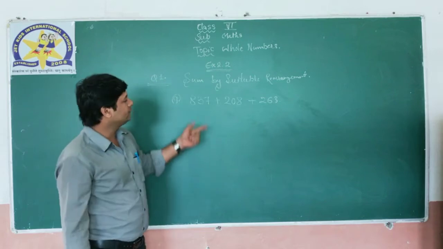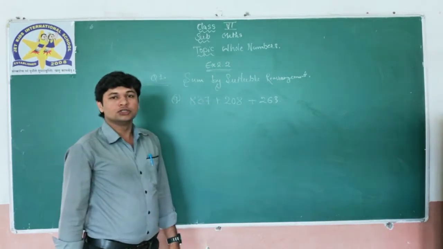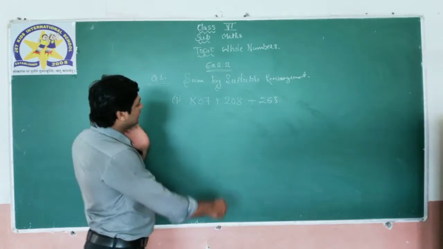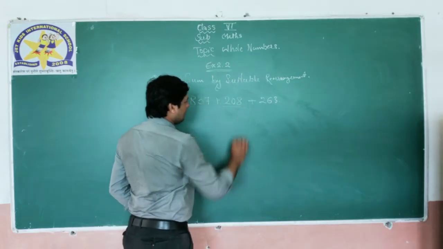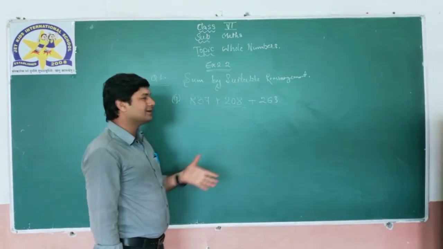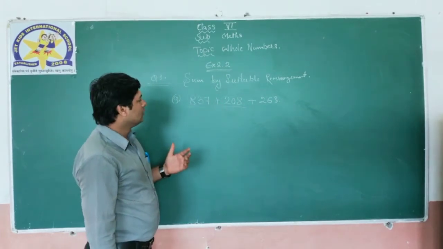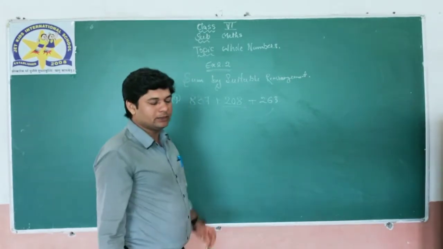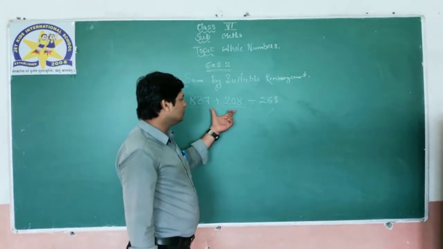Now what you have to do is find it by suitable rearrangement. If I directly add this, it will be a little complicated and take time, right? But if I take these two first, by which property are we able to do this?